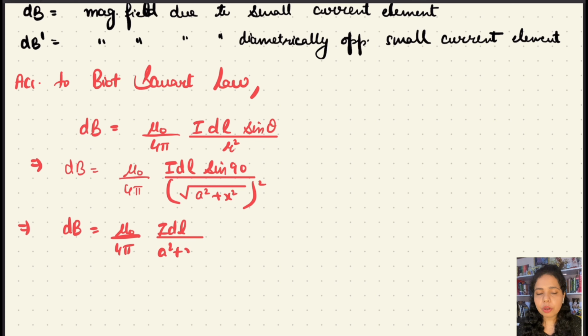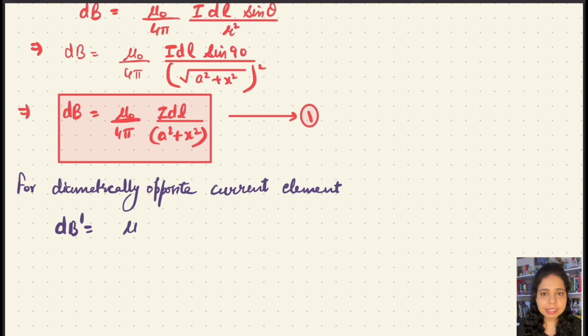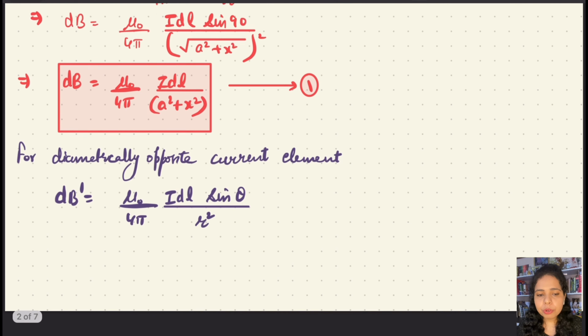Now we have to find the value of dB dash, the magnetic field due to the diametrically opposite current element. So for the diametrically opposite current element, dB dash is equal to mu naught upon 4 pi. Conditions are again the same, the only difference is that the direction of current is different, therefore I dl sin theta upon r square.